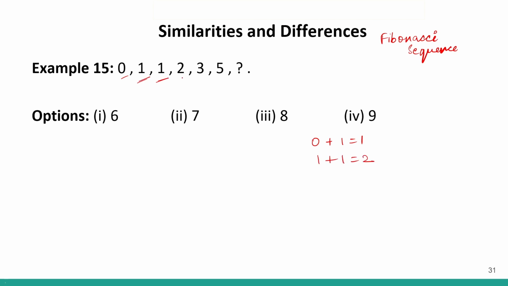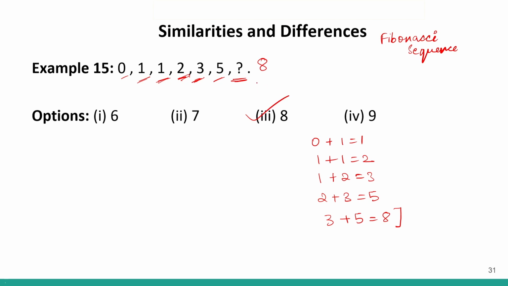So this plus this gives me this. Now, 1 plus 2 will give me 3. This plus this will give me this. 2 plus 3 will give me 5. So the next element will be 3 plus 5, which will give me 8. So the next element will be 8, which is option number 3.